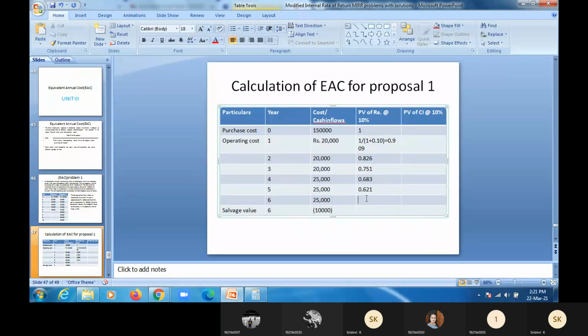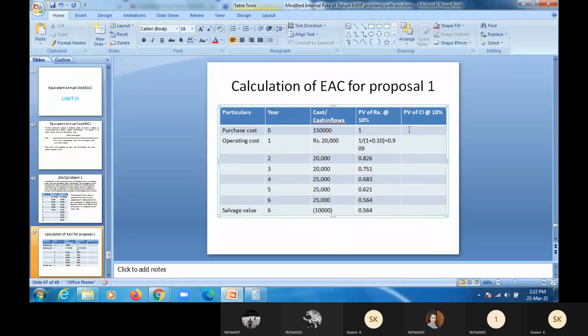For the sixth year, again you press equal once, you will get the result 0.564. For salvage value also we are taking it in the sixth year, no? So here the present value of rupee, you have to take the same value 0.564.